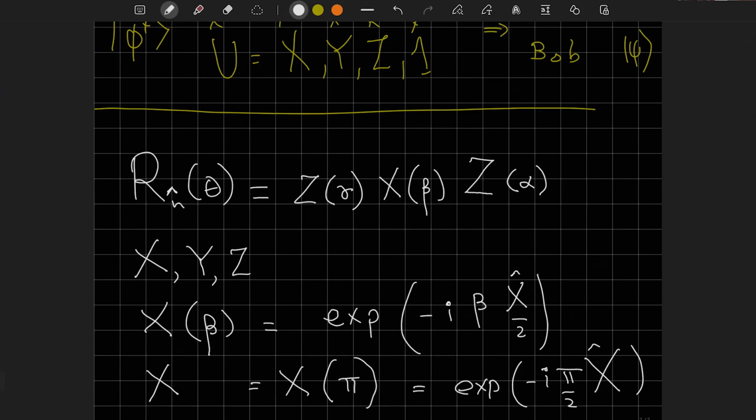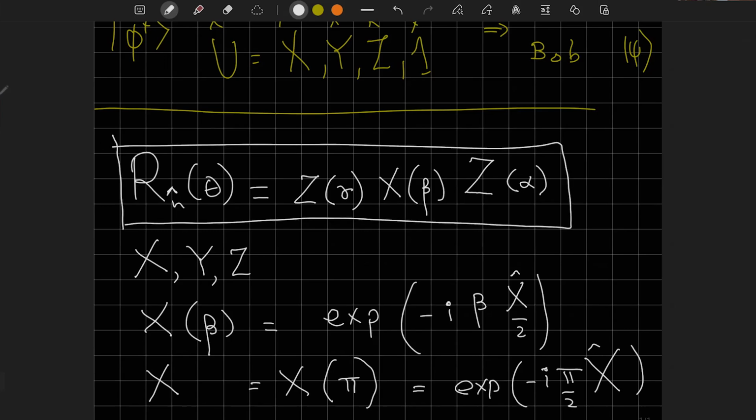Now, any single qubit rotation can be written as a concatenation of three rotations, one about the z-axis, then about the x-axis, then about the z-axis.